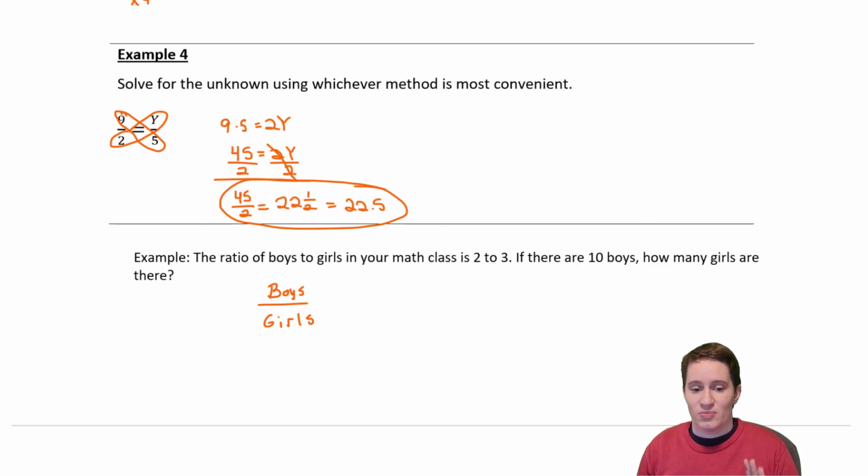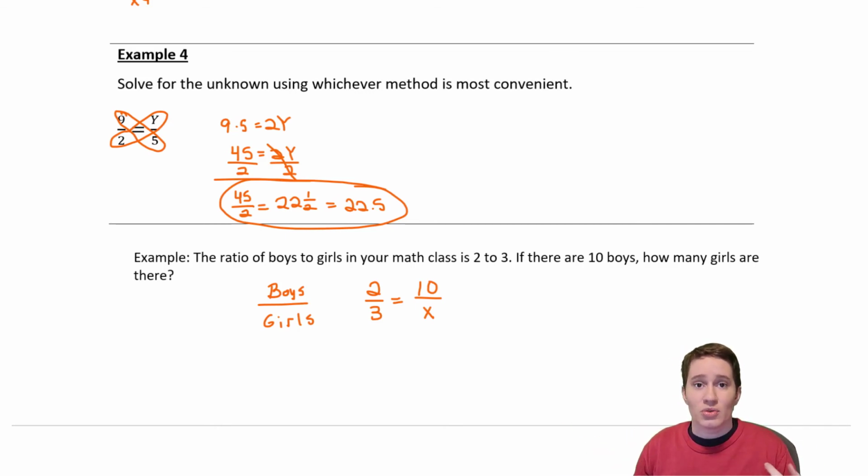So the ratio of boys to girls in your math class is 2 to 3. So when we set up 2 over 3, then we think 2 goes with boys, 3 goes with girls. Then it tells us that there are 10 boys and asks us how many girls there are. So what they're saying is there is a connection between this 2/3 and figuring out how many boys and girls there are.